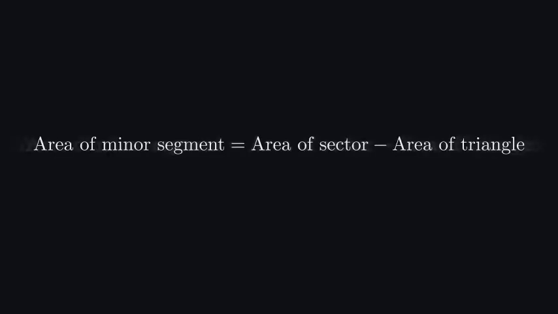Area of minor segment equals area of sector minus area of triangle. This equals 15.2778 minus 11.746, which equals 3.5318 square centimeters.